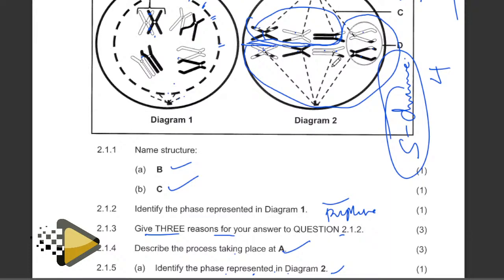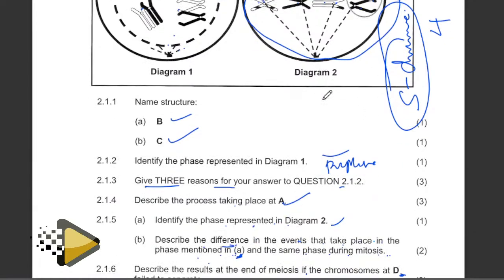Meaning you have one extra chromosome and the other one is one chromosome short. That's it.